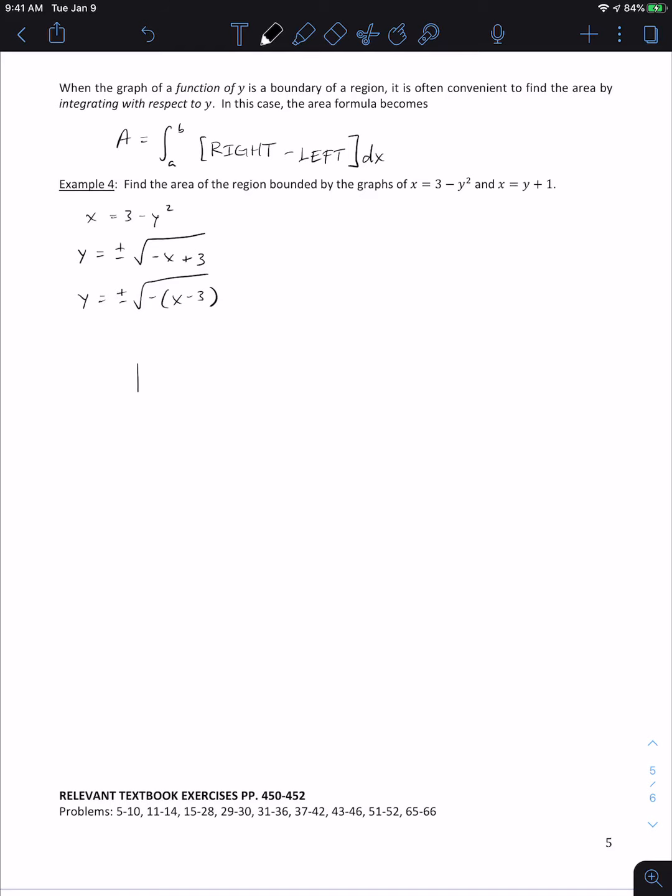So what does this look like? Well, the square root function, remember, looks like this, but that's not what we want here. The minus x right here means that it is reflected over the y-axis, right? So our graph is actually going to look not like that, but like this.